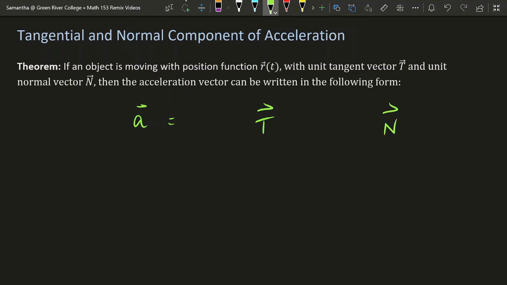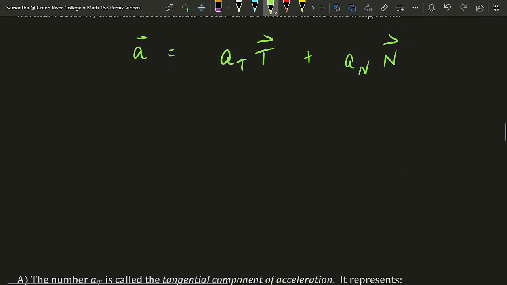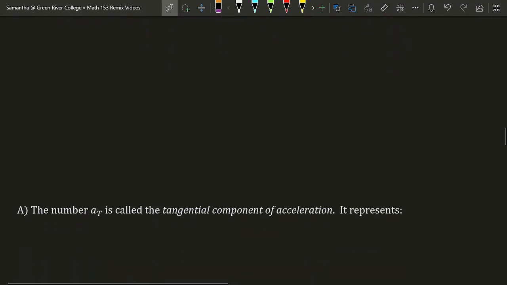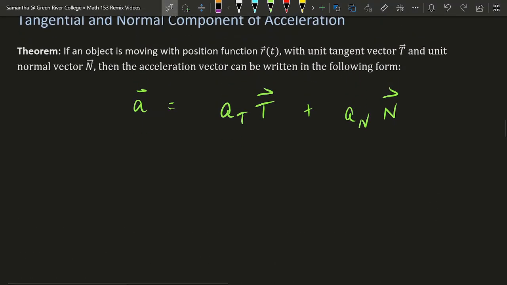The acceleration vector will partly be made up of something that aligns with T, and it will partly be made up by something that aligns with the normal vector N. A is equal to this combination of the unit tangent and the unit normal vectors. Now this quantity a sub T is what is known as the tangential component of acceleration. It represents the portion of A, the amount of acceleration that aligns with the tangent vector.